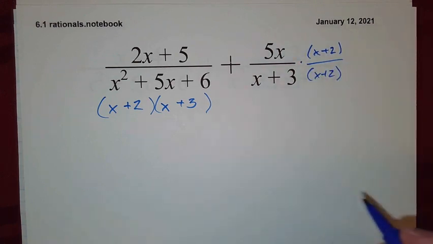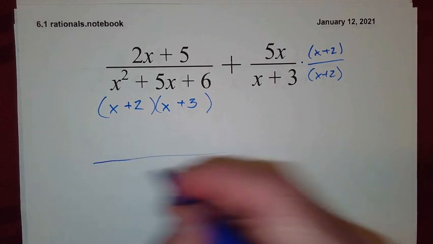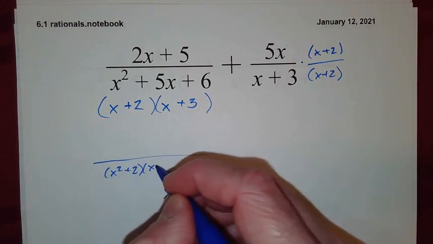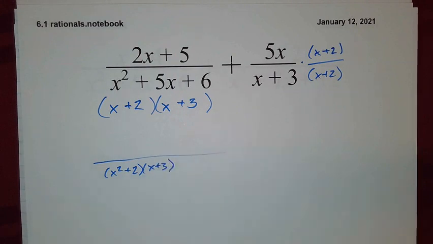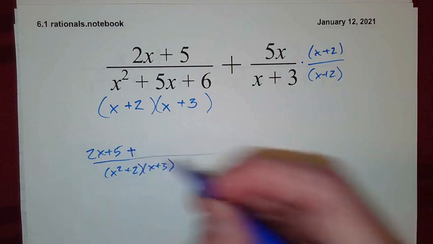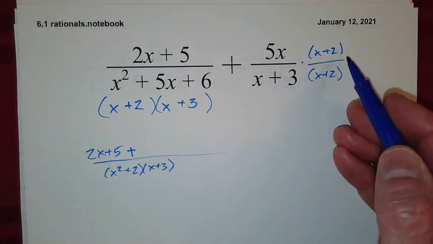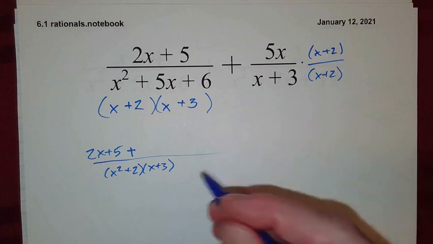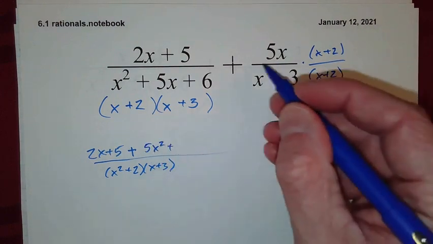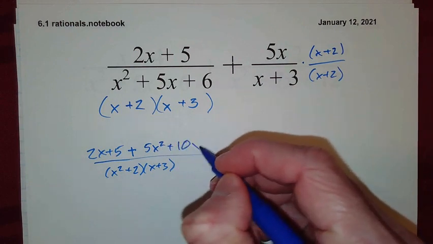So now, when I add these together, my denominator will just be x plus 2 times x plus 2, x plus 3. And my numerator will be 2x plus 5 plus 5x times x plus 2. So I'll go ahead and distribute that 5x over the x plus 2 and get 5x squared plus 5x times 2, 10x.